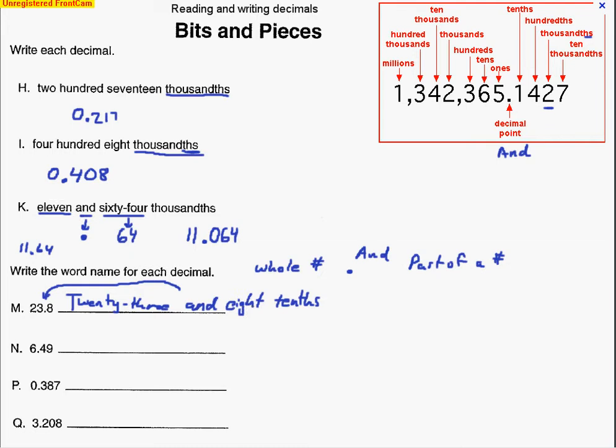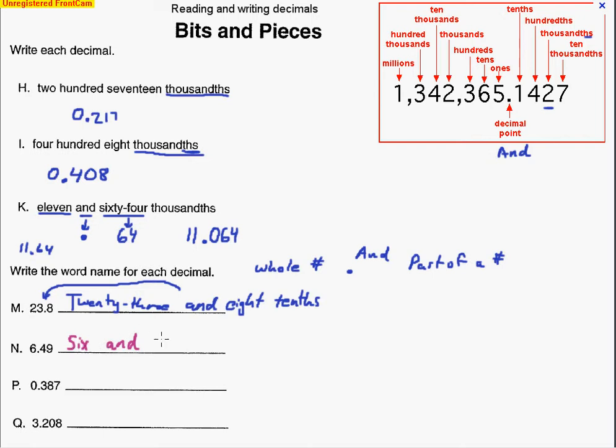Well, let's try another one then. Let's say we had this one, 6. So we read off the whole number first. We write that part down, 6. And then we see the decimal point, so we say the word "and." That tells us that we're breaking it into the two different types of numbers. We've got the whole number and then the part of the number.